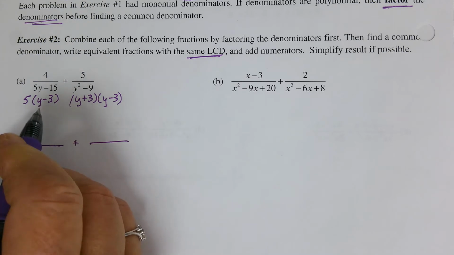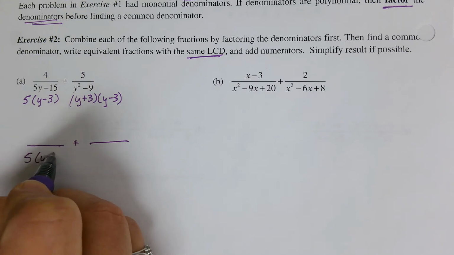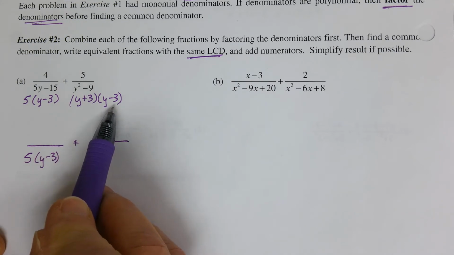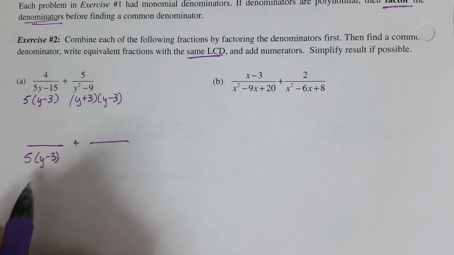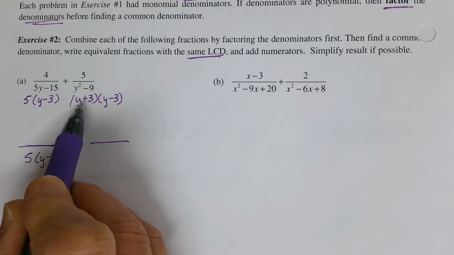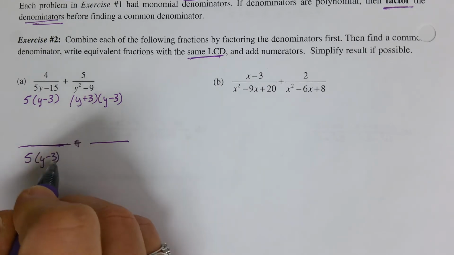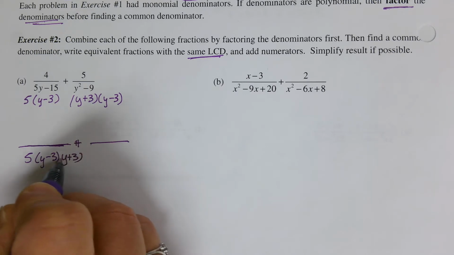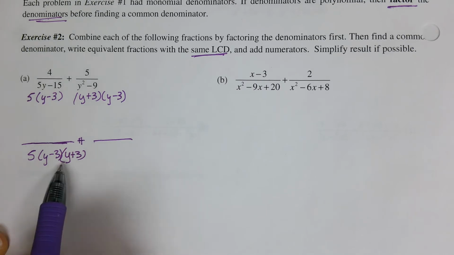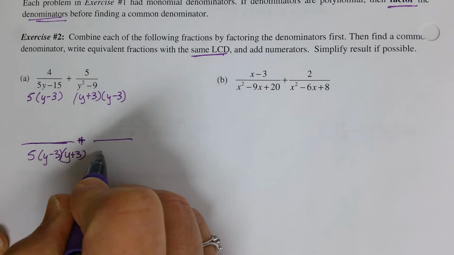We have a y minus 3, which occurs once in this denominator. It also occurs once in this denominator. So we want 1 y minus 3. And we also have a y plus 3, which occurs once here. So we need that. So all 3 of these factors make up our least common denominator.